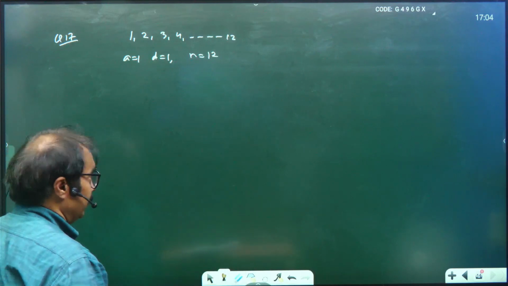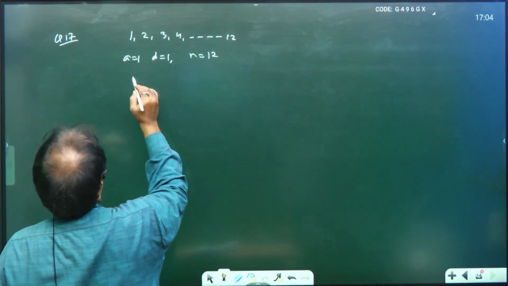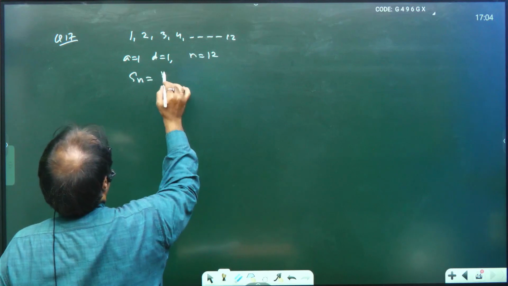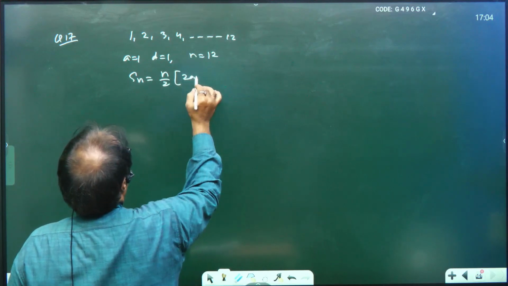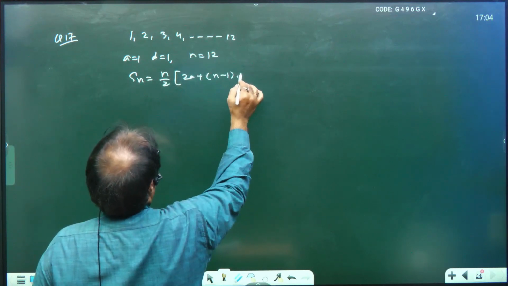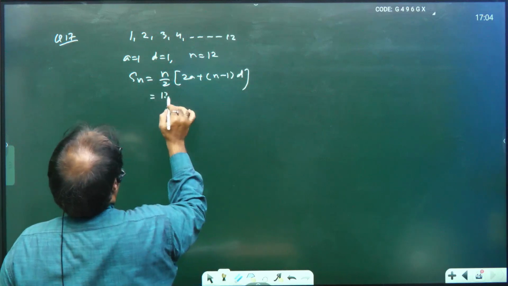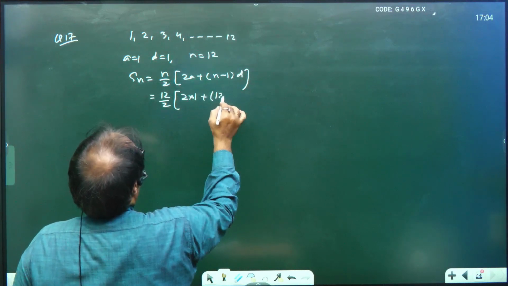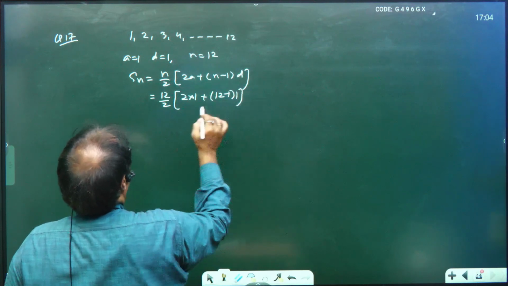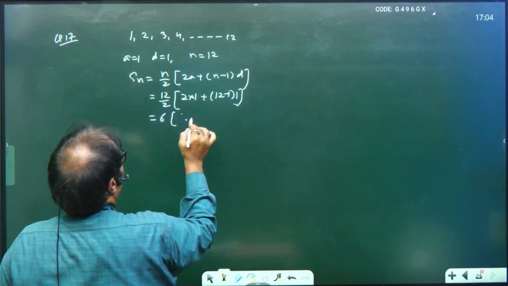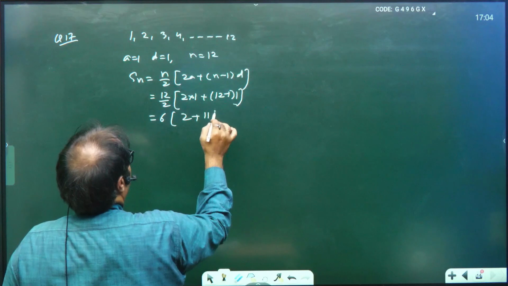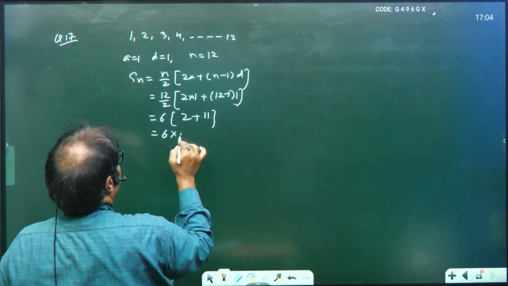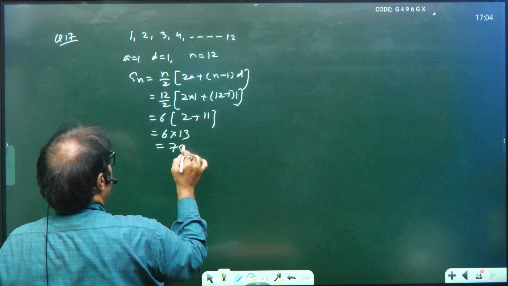So find the number of trees by applying the formula Sn is equal to n by 2 into 2a plus n minus 1 into d. So 12 by 2 into 2 into 1 plus 12 minus 1, and d is also 1. So this is 6 into 2 plus 11, which equals 6 into 13, that is 78.